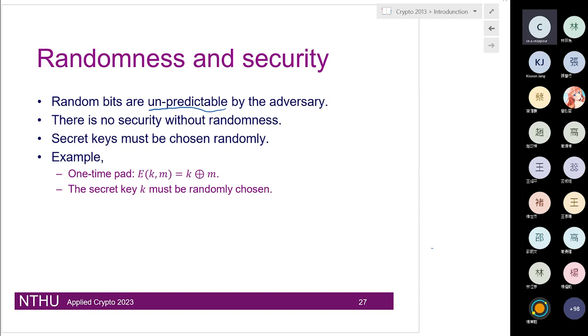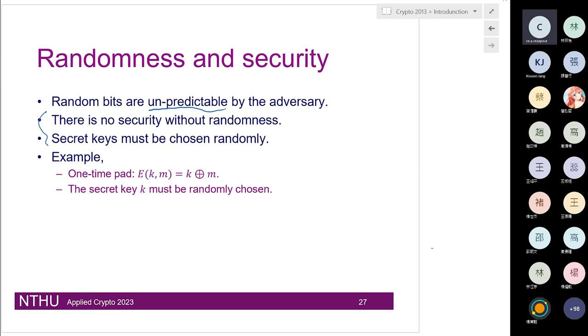Like you've seen, most of the time we want to choose a secret key, and the secret key should be random. One case we have encountered was the one-time pad, where we really want our bits to be random and unpredictable. In addition, we always have to use the key only once.